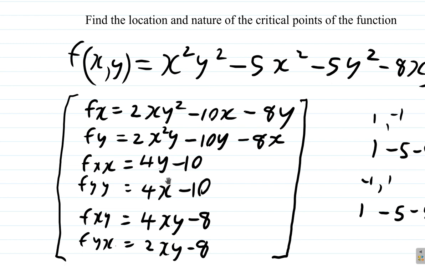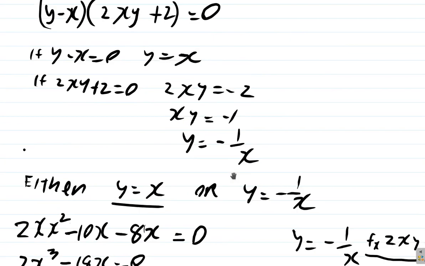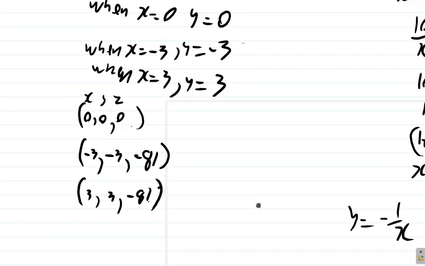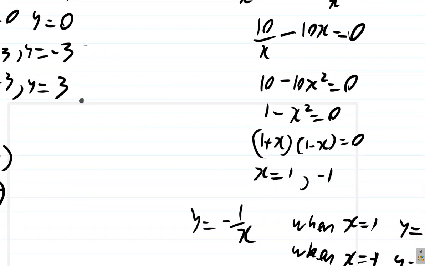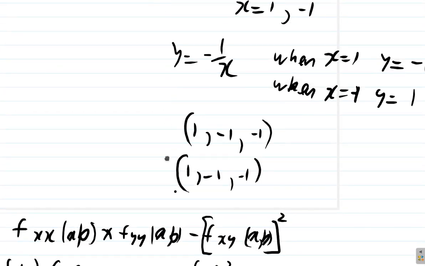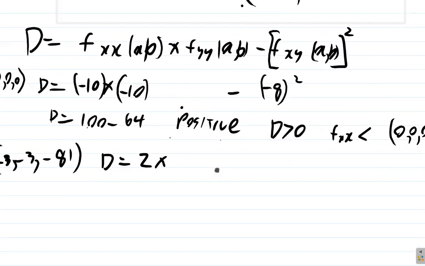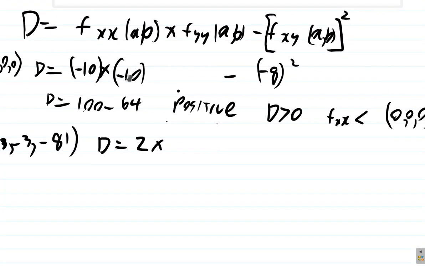Negative 3. It's not positive 3 we're looking at. 4 by negative 3 is negative 12. Negative 12 minus 10 is negative 22. So this would be negative 22 then. Not positive, it's negative 22.